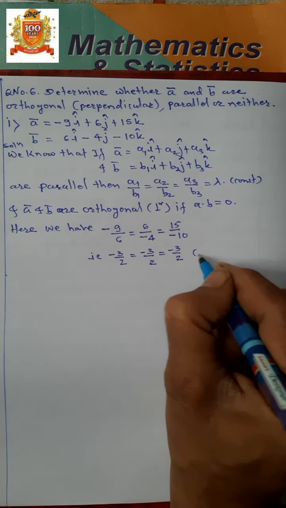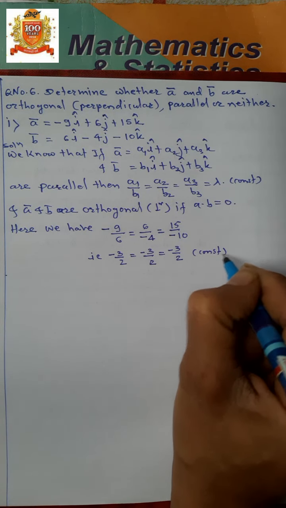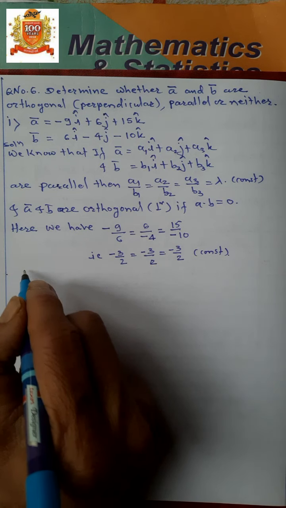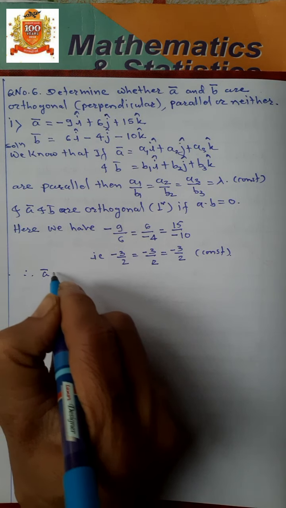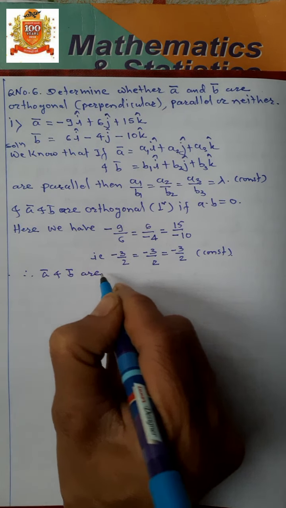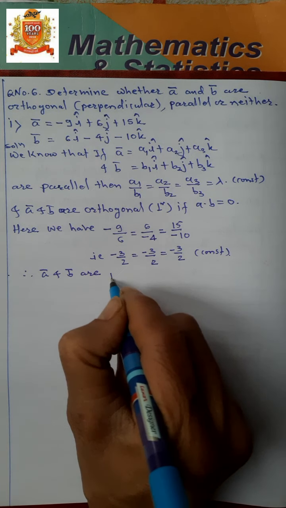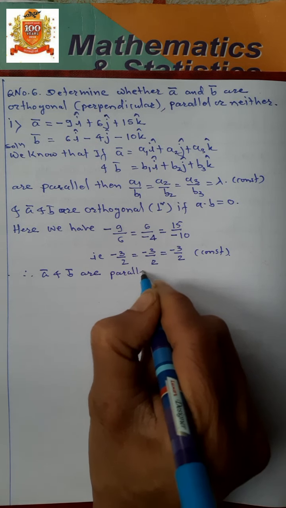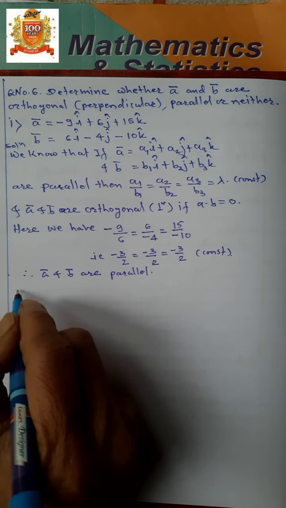That is constant. Therefore, a bar and b bar are parallel. Let us see second question.